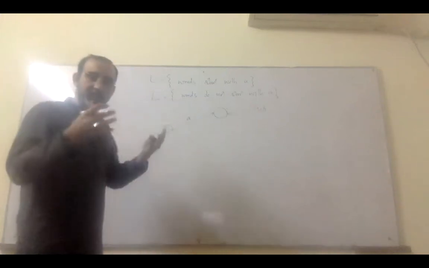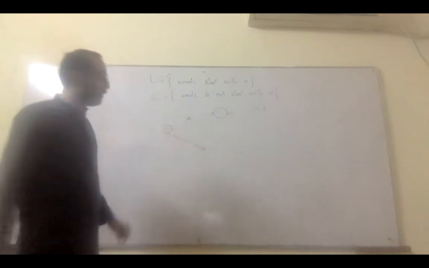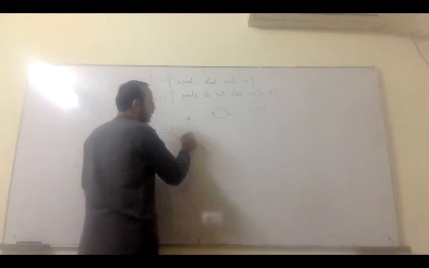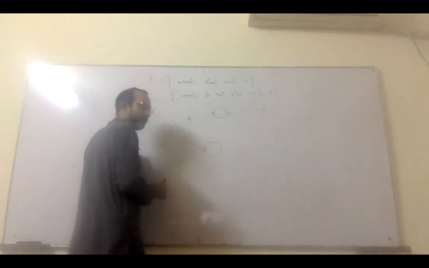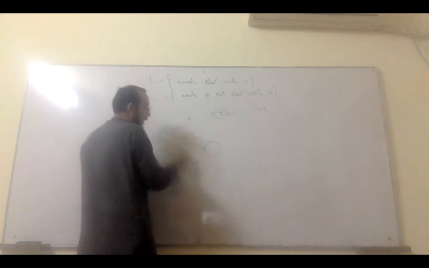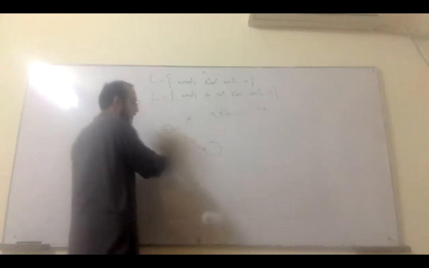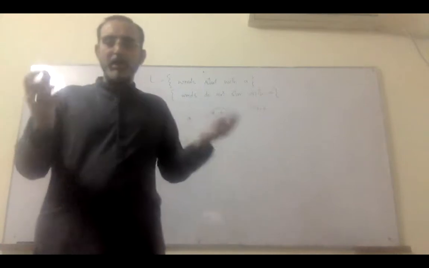But if I have to make this FA a DFA, then I have to complete its other edge also, and the other edge is B because there are two input symbols. So I have to draw another state, and this is the final state now because words start with A and any combination. And if it starts with B, then it does not belong to the language.